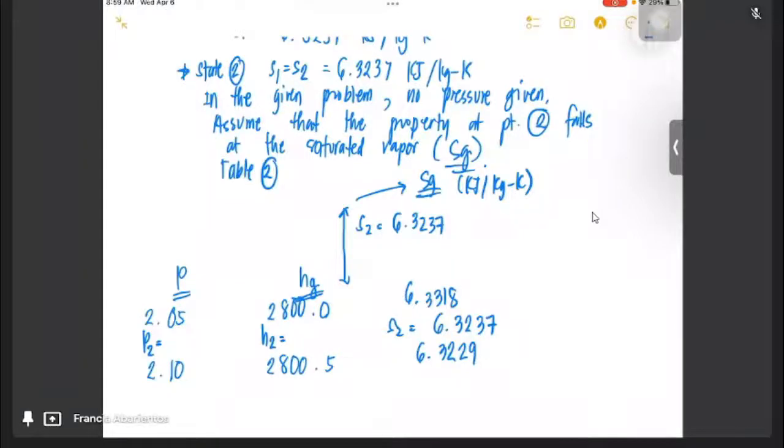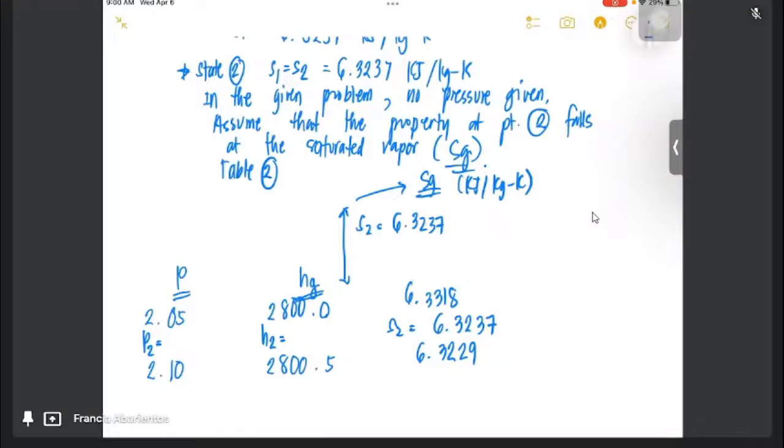Are you interpolating now? Minus 6.3380. Na-solve yun na class.